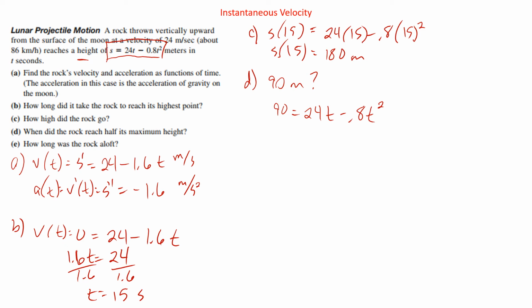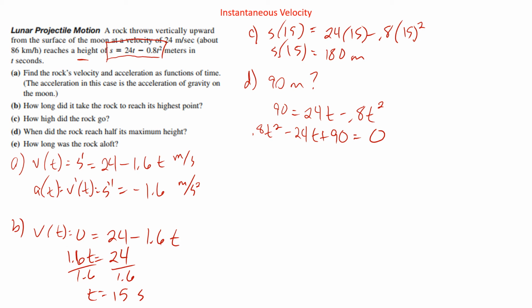Set it equal to 0. We're just solving a quadratic now. I'm going to move everything over this way. 0.8t squared minus 24t plus 90 equals 0. And we can solve this. Is this going to factor? It may or may not.